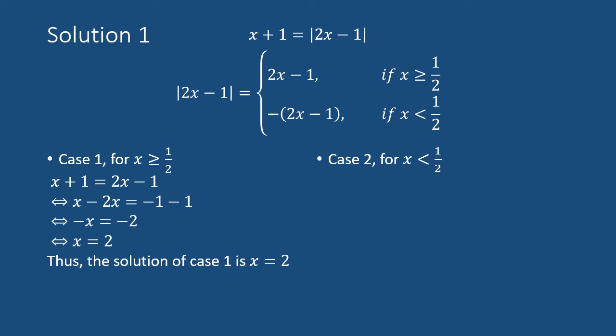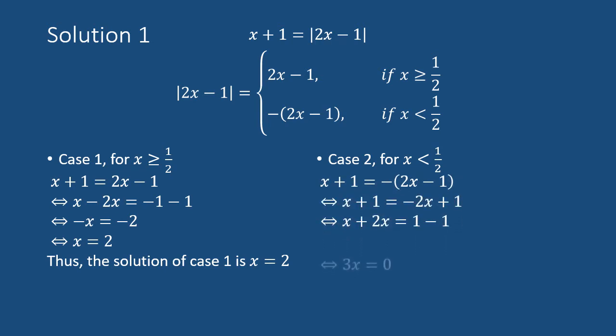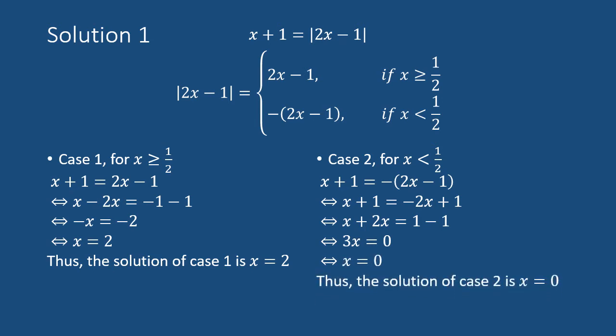And then case 2 is for x less than 1 over 2. So we can change the absolute value of 2x minus 1 into negative 2x minus 1. And then the equation becomes x plus 1 equals negative 2x minus 1.